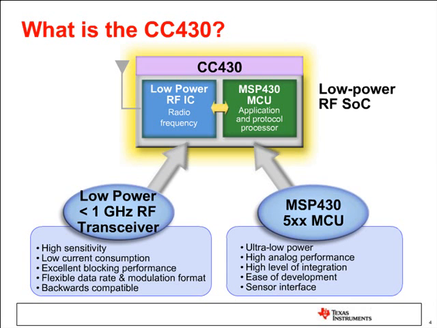It's partnered with an MSP430 MCU, and more specifically the new generation of MSP430, which we're also very excited about, that we call the 5XX family. The 5XX family, just like all previous MSP430s, has an intense focus on ultra-low power consumption, high degrees of analog integration, and the integration of high-performance analog.